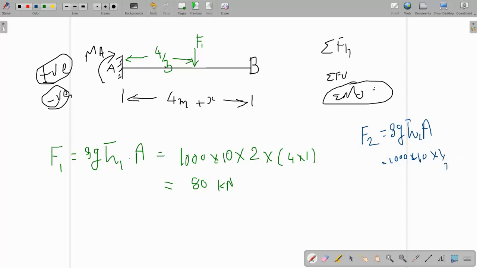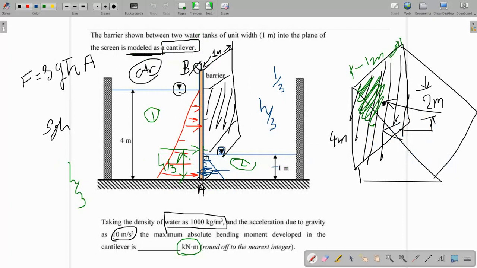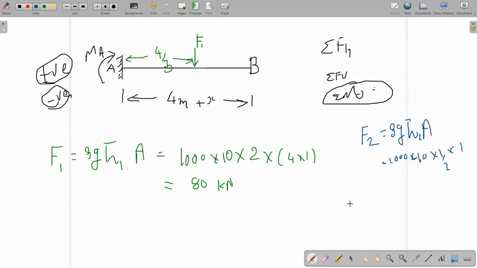And the projected area is 1 meter, and if you draw it perpendicular, the width is 1 meter, so 1 cross 1 is 1 meter squared. So you can easily say that this is 5 into 10 cubed, so 5000 newton or 5 kilonewton. Because the required answer is in kilonewton meter, and this is in this direction, because we have modeled from vertical to horizontal, and the distance is 1 by 3 meter.